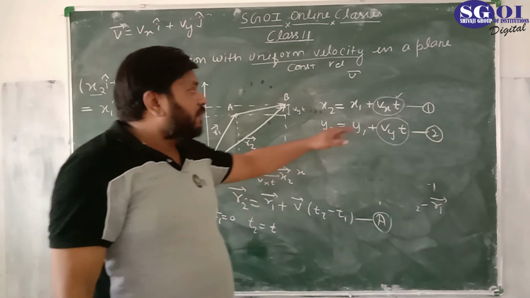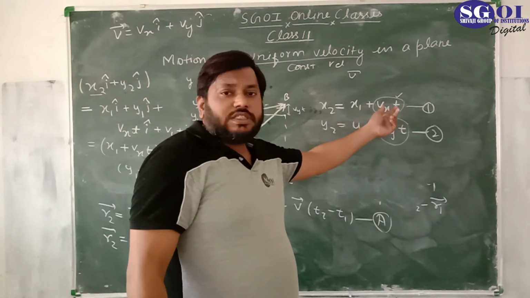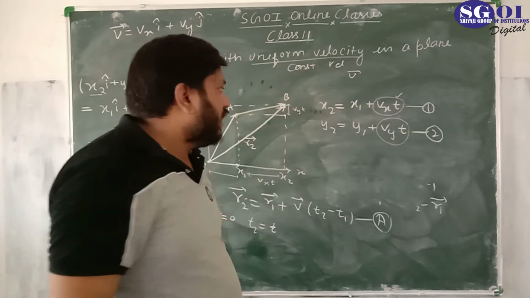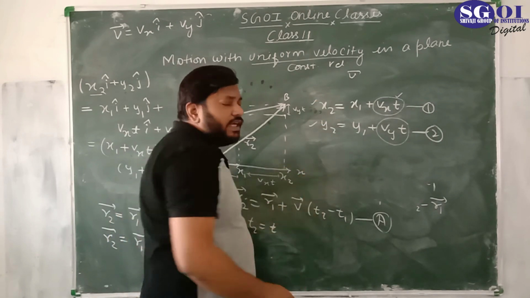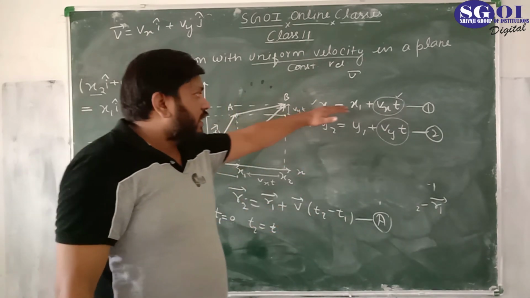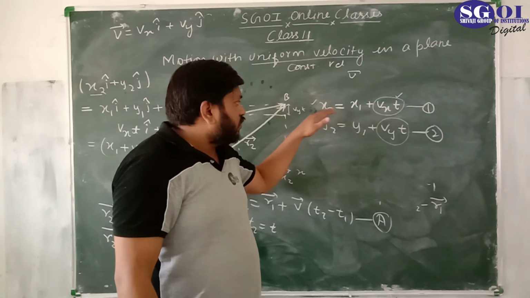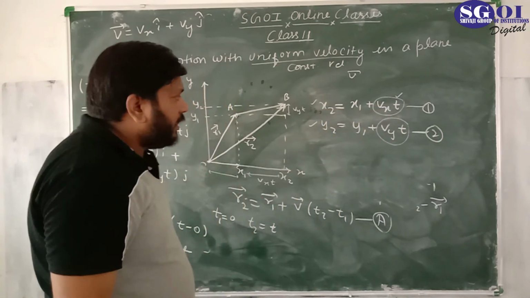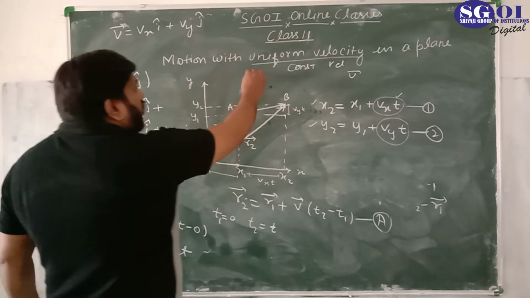So in the same time interval it is moving similar to what we have seen in one dimensional motion with uniform velocity. These two are independent of each other. x2 is equal to x1 plus vxt, y2 is equal to y1 plus vyt. So this is the case for uniform velocity.